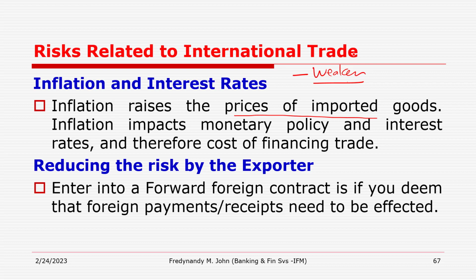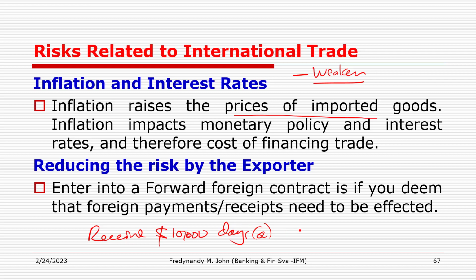Please contract a forward foreign contract or forward contract. Okay, that is, if you, as an exporter, expect to receive foreign currency, let's say you expect to receive USD 10,000 60 days from now, and for some reason you think that there will be an inflation or anything that can cause the exchange rates to fluctuate, to change.